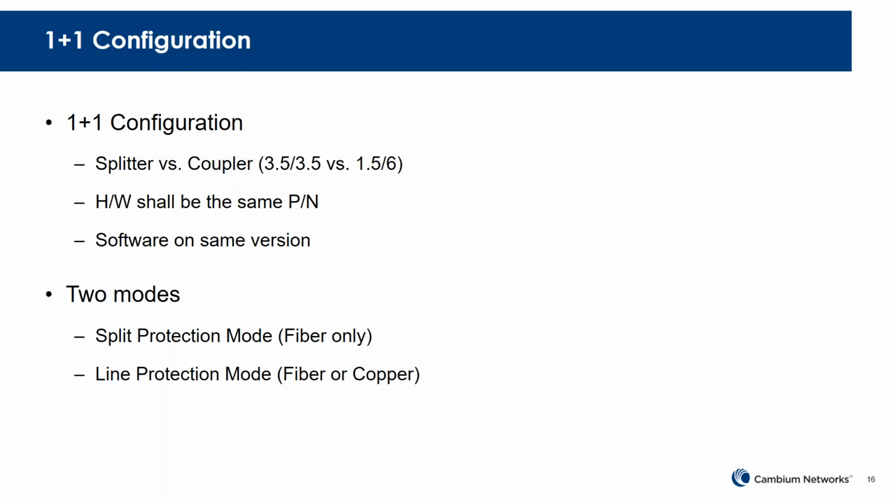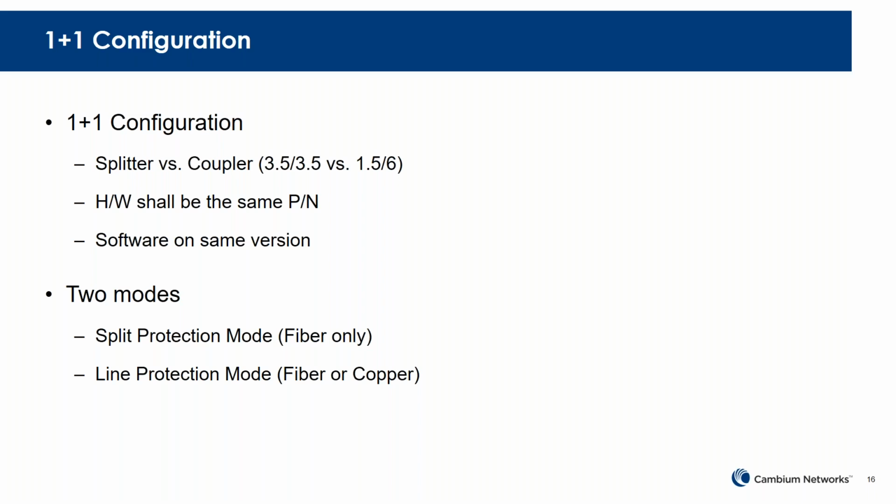And a few things about the 1+1 configuration. We support multiple options for 1+1 hot standby configuration. I'm going to talk about the difference between a splitter and a coupler. With 1+1, you need to use a coupler.